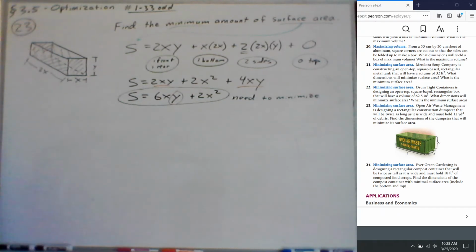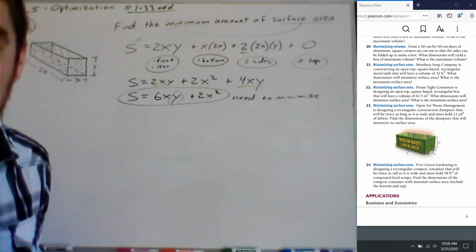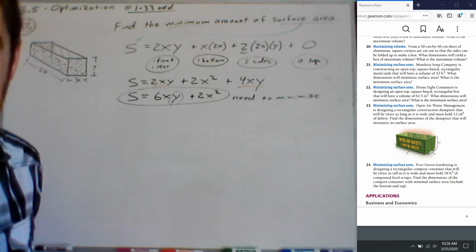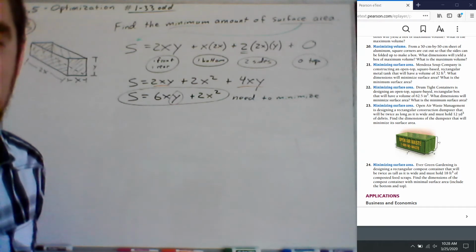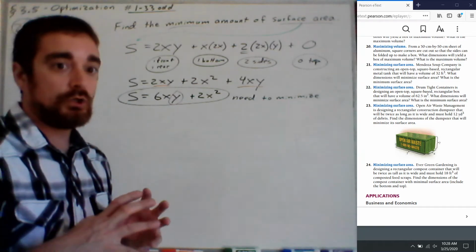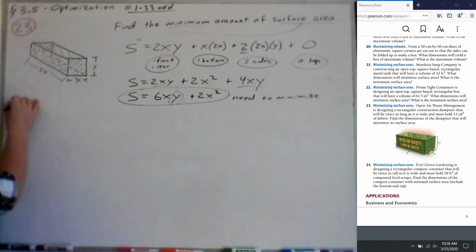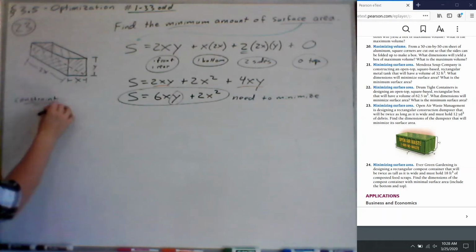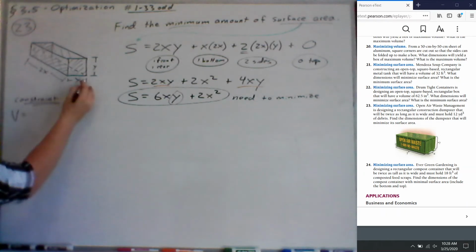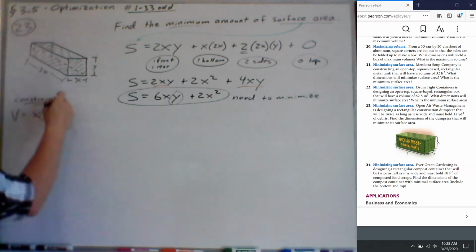So what I need to do is look at my constraints. Now, if you go through and read the problem, it says it must hold 12 cubic yards of debris. When you think about something cubed, you're thinking volume, right? So we've got a constraint that we need to cook up, and it's not immediately given to us. The volume is x times 2x times y.